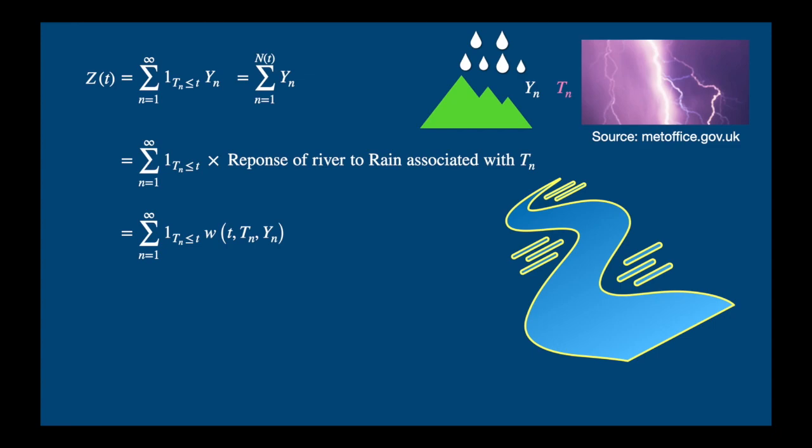An example of this response function could be the exponential. So Yn is the amount of rain associated with the nth thunderstorm, and its contribution to the flow in the river at a later time will decline exponentially with the length of time. Of course, this is a slightly simplistic setting, but you get the idea.